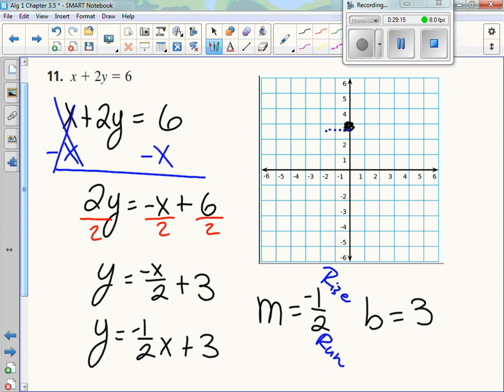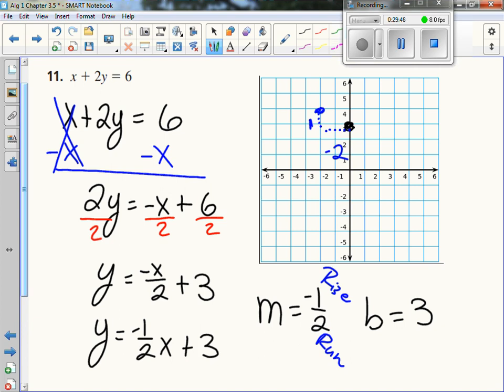So we go left 2 and then it would be up 1, because left is what? Negative, yes? So if I go left 2, I've gone negative 2 to the left, and so I need a positive 1. Because if I go down 1, it would be a negative and a negative, which make a positive.